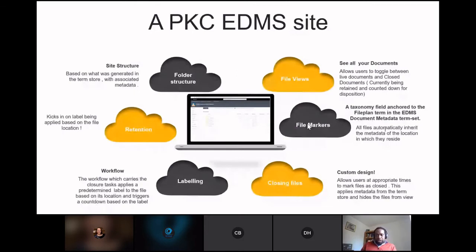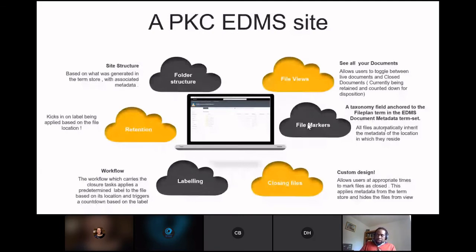And in terms of closing files, this is probably the only bit of custom code that's been done in this, where we've incorporated a button that allows people to either close or reopen files as and when it's appropriate for them. And at the point of doing that, that applies the metadata and applies the retention label.